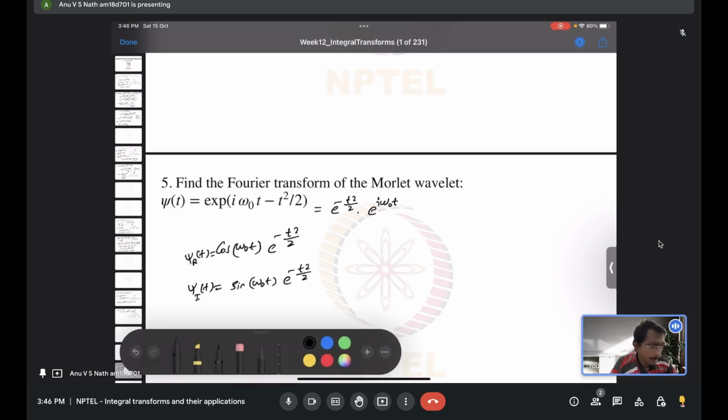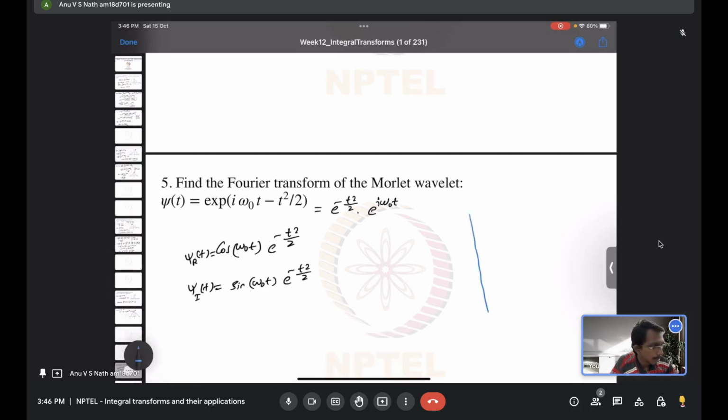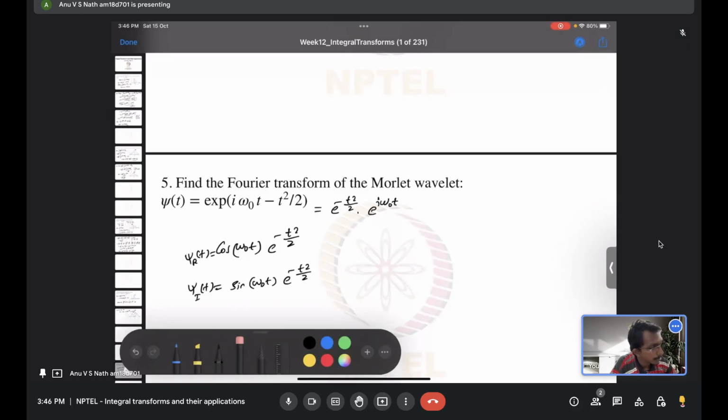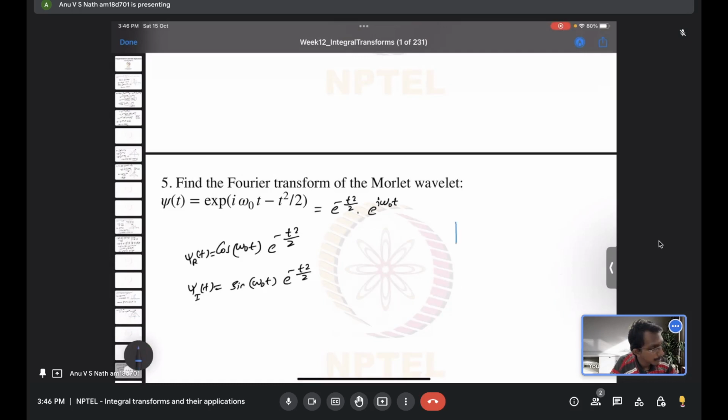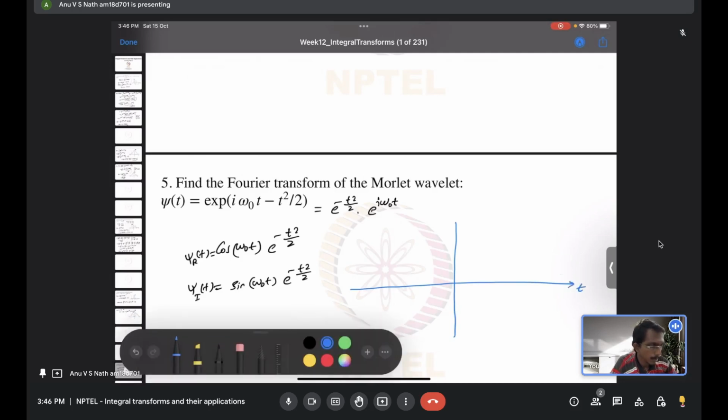Have you plotted the Morlet wavelet? Like I said, it has both real and imaginary parts. So we can first plot just the real component, against time. It's actually a Gaussian multiplied with a cosine function with some frequency.